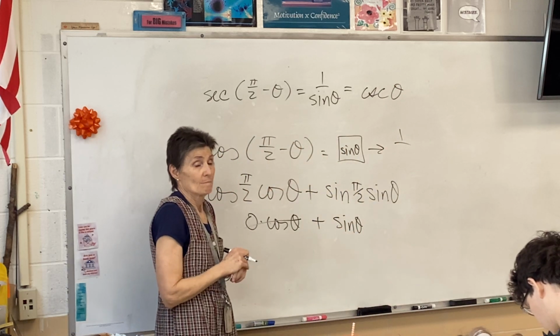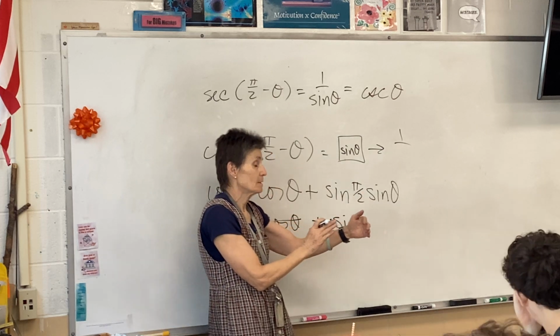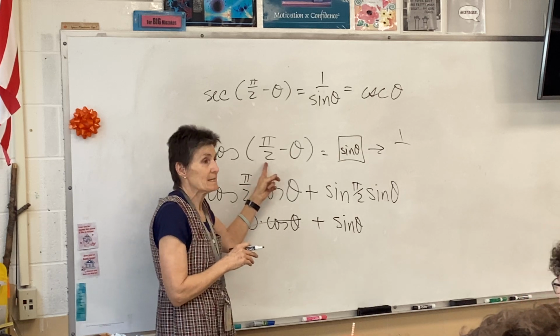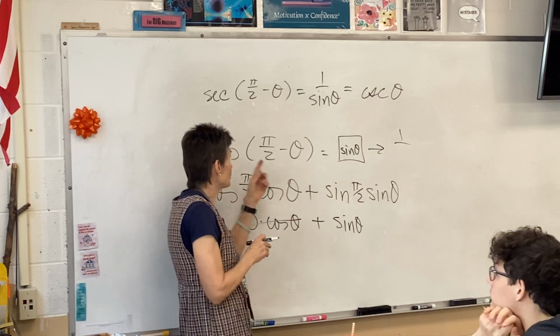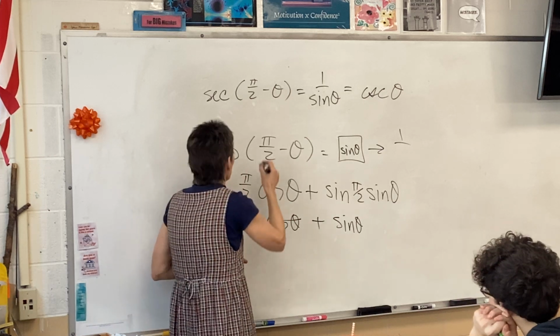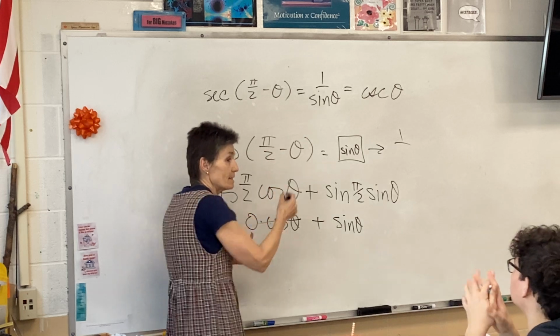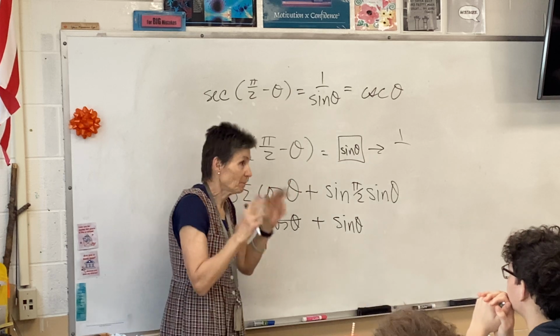Now, I'm just going to take a little bit of an aside here. How many degrees is pi over 2? 90. So would you agree that whatever theta is, pi over 2 minus it would be the complement of it?